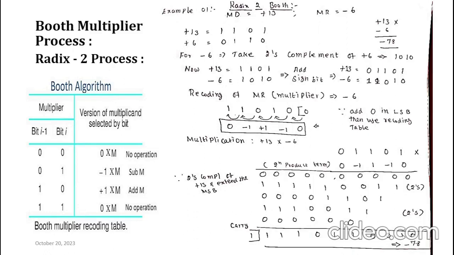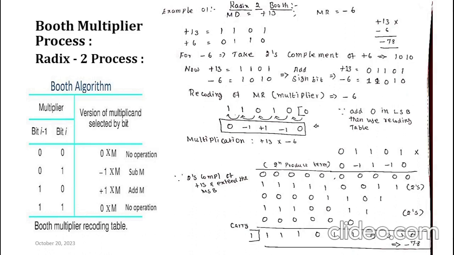Before proceeding to the multiplication, we have to add a sign bit in the MSB. That is why I am adding 0 to the +13 and 1 to the -6. If it is a positive number we add a 0, and if it is a negative number we add a 1.